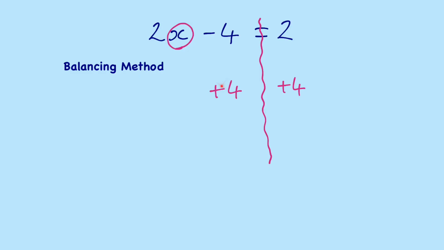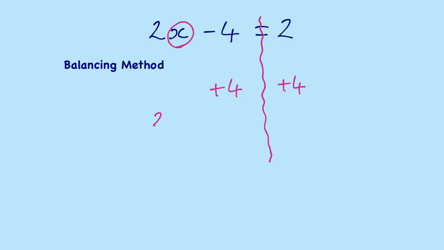Now when I add +4 to -4, that will give me 0, so I'm left with just 2x. And when I add +4 onto 2, that leaves me with 6. Now I'm left with 2x on this side and 6 on this side, and I want just 1x on the left hand side.